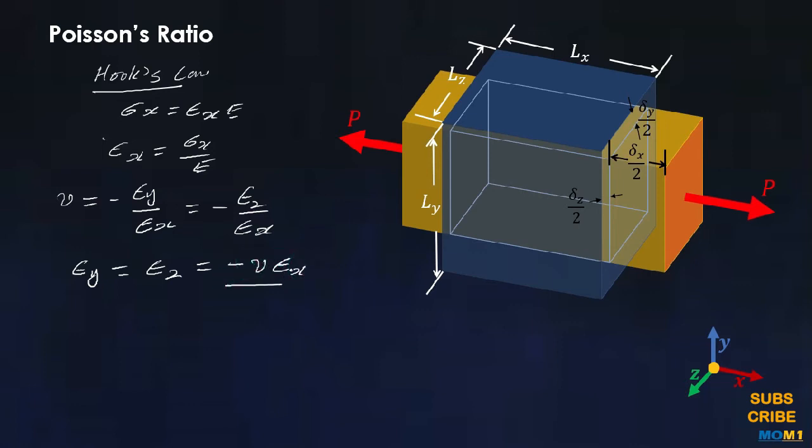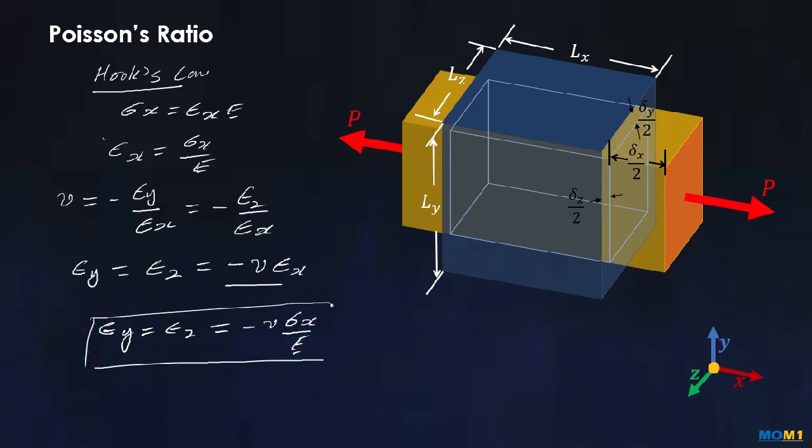Now using the value of epsilon x from this expression, we write this as epsilon y is equal to epsilon z is equal to minus nu sigma x upon E. Now, by using this expression, we can calculate the lateral strains by using the value of Poisson's ratio.